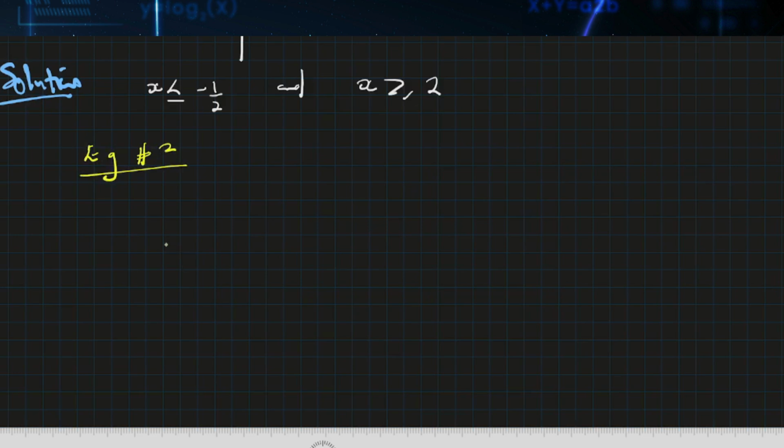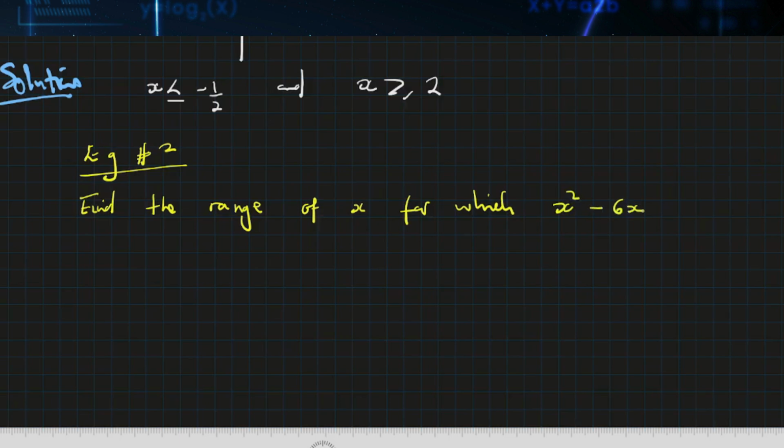The question says, find the range of values of x for which x² − 6x − 7 is less than 0, right?